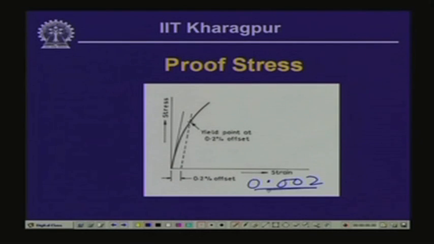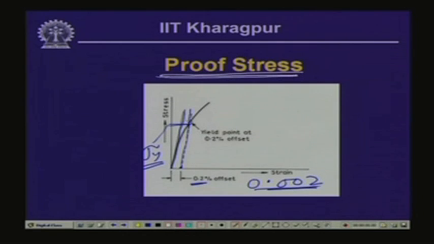Now, if we draw a tangent to the curve at this particular point, which we call the initial tangent, and if we draw a line at 0.2% strain parallel to this initial tangent, the point where it cuts the stress strain curve, the corresponding stress we call the yield stress, and this yield stress we normally designate as proof stress.